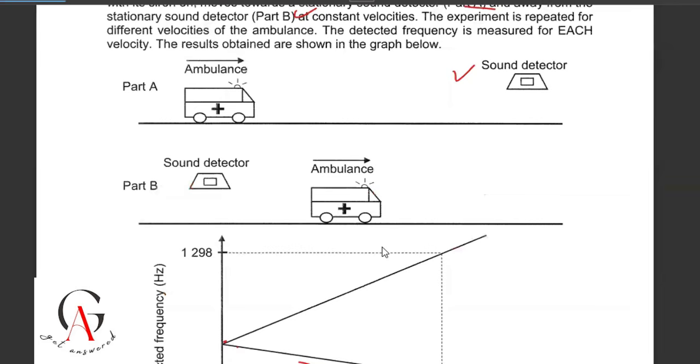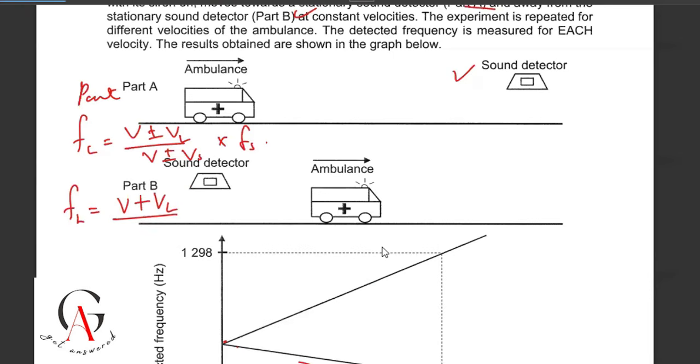Okay, so we know that frequency of the listener is V plus minus VL over V plus minus VS multiplied by frequency of the source. So if I look at part A, we know that frequency of the listener is going to be V plus VL over V, since the source is a 0, so it's this multiplied by Fs.